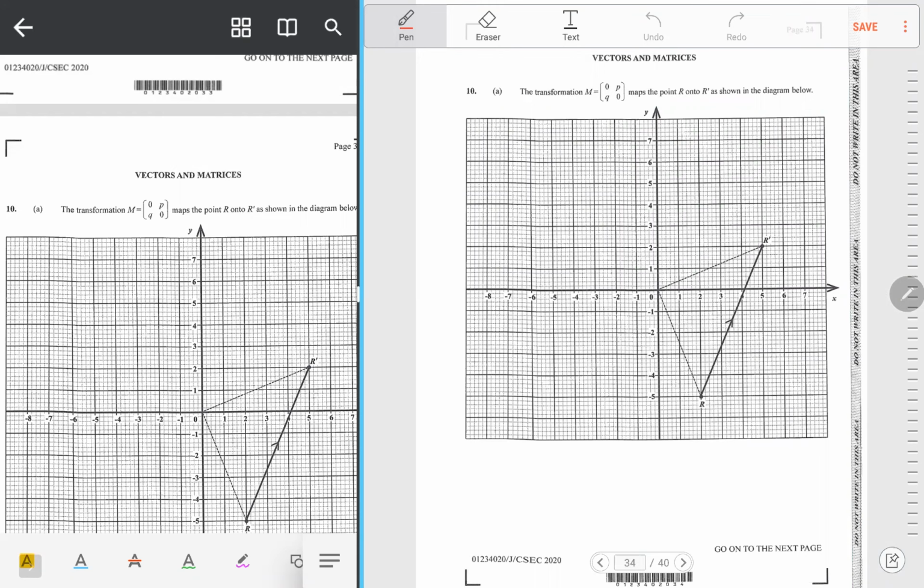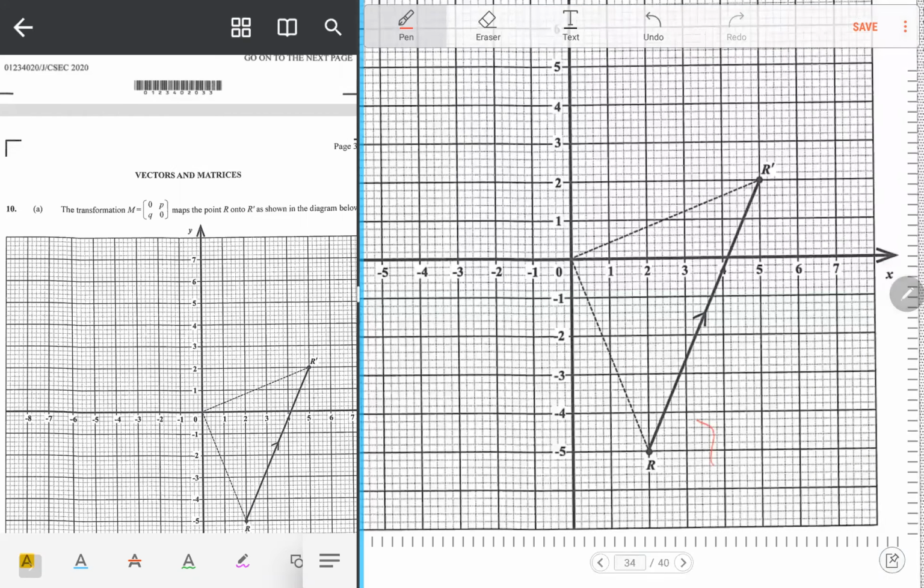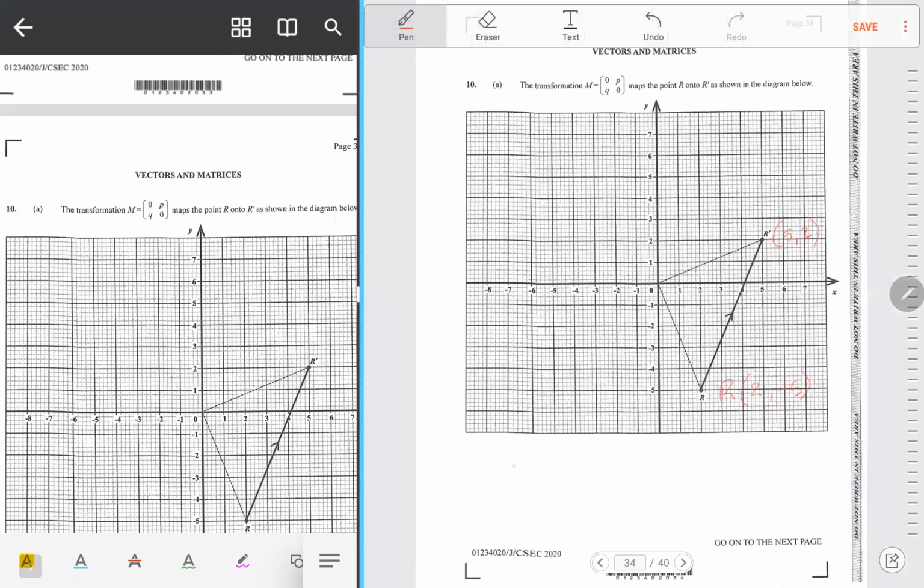If we look at the diagram right here, R is the point (2, -5) and R prime is the point (5, 2). So let's go to the next page now.